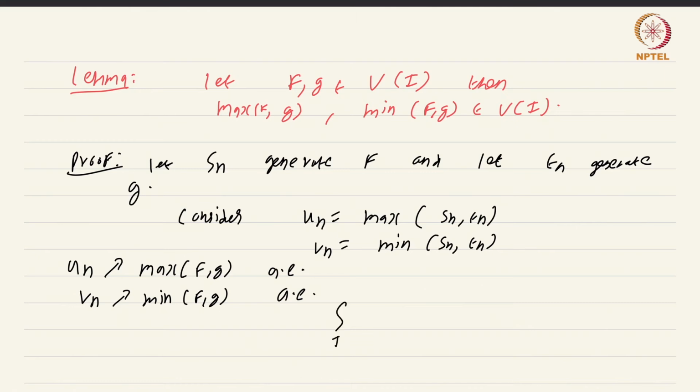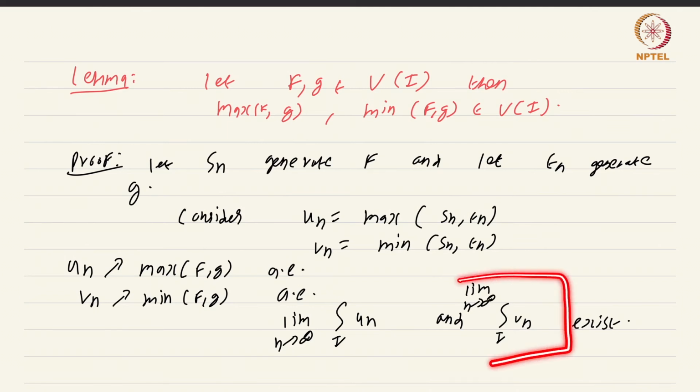So what we have to show is that the limits of the integrals of un and vn exist. As I have remarked earlier, because vn is increasing, the sequence of integrals of vn is increasing. So it suffices to prove that this sequence is bounded above.